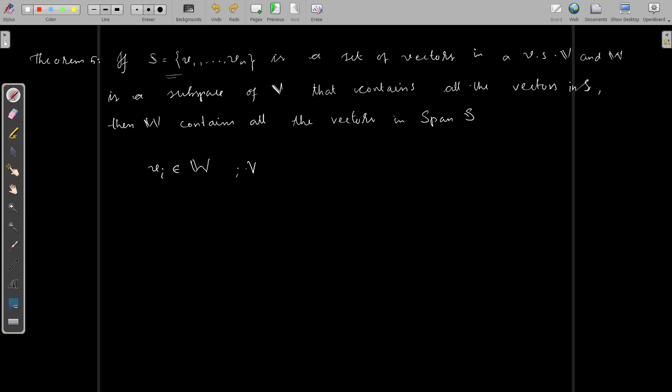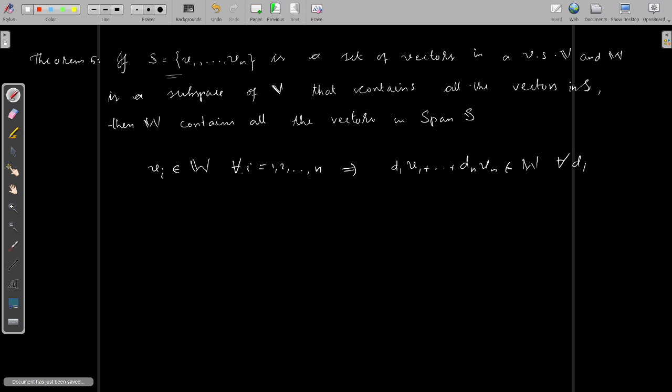Okay, so we need to prove that whenever we consider a set S and a subspace W, each vi belongs to this W for all i, and as a consequence we need to prove that W contains its linear combinations, d1 v1 plus etc. dn vn belongs to W for all di.